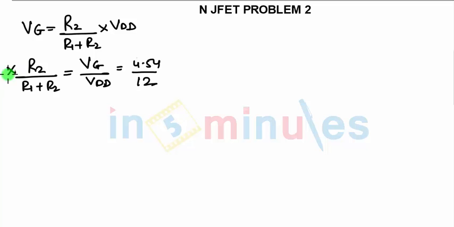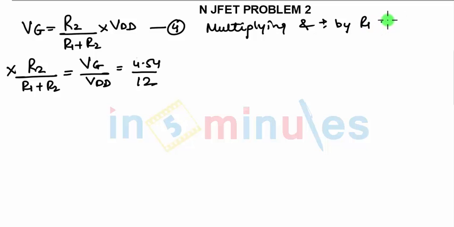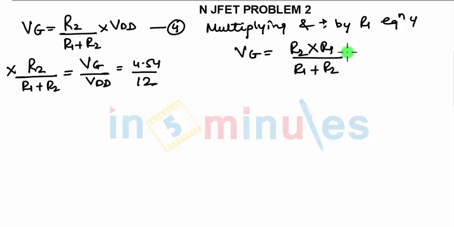If you multiply and divide by R1 in this equation, say equation number 4, what we'll have is Vg equals R2 into R1 upon R1 plus R2 into VDD upon R1.